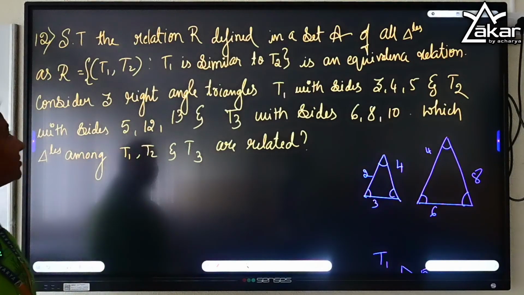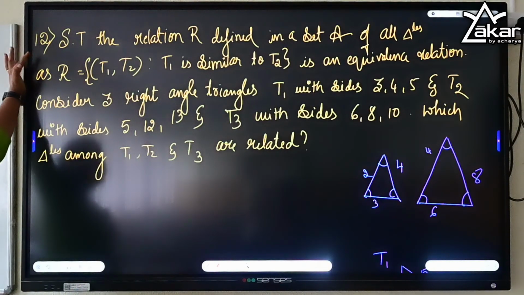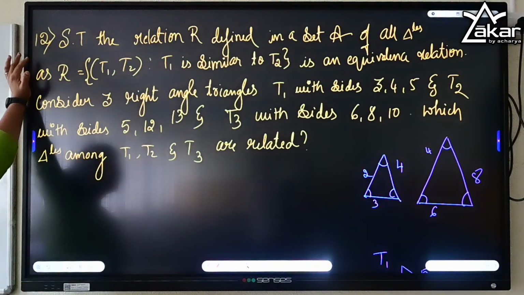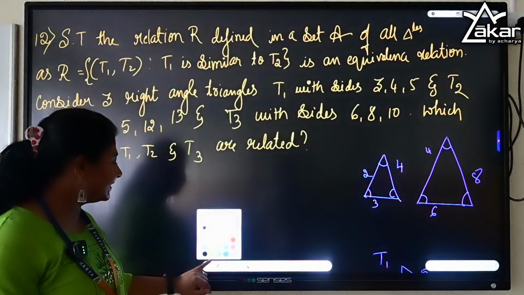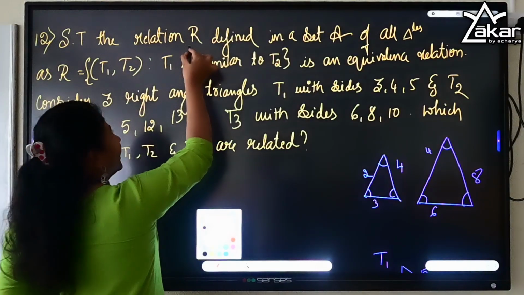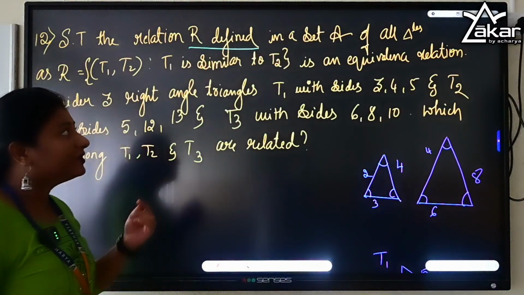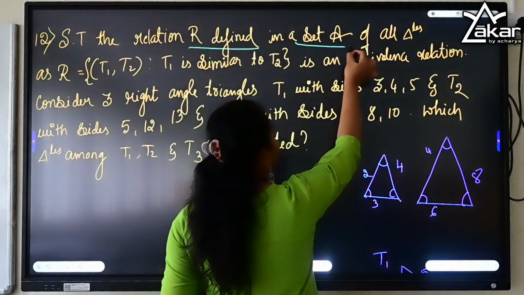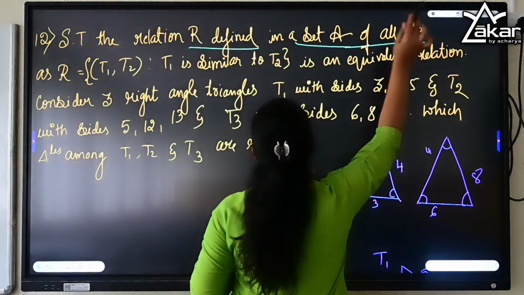Yes, the next problem says: show that the relation R defined in the set A of all triangles. They have been defining a relation R in a set A, the set of all triangles.